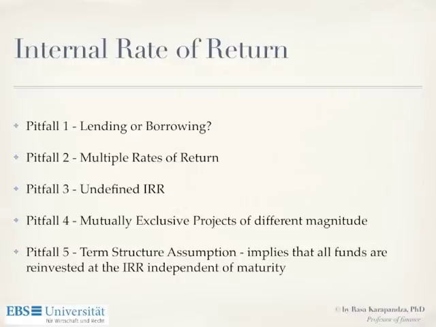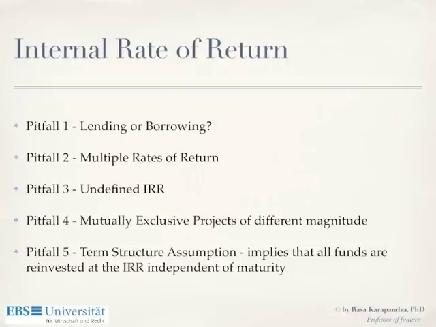So if a cash flow stream is negative, then positive, then again negative, it will have two solutions. It will have two internal rates of return. If it switches sign 10 times over the life of the project, it will have 10 solutions. And sometimes it's very difficult to figure out which solution you should care about.